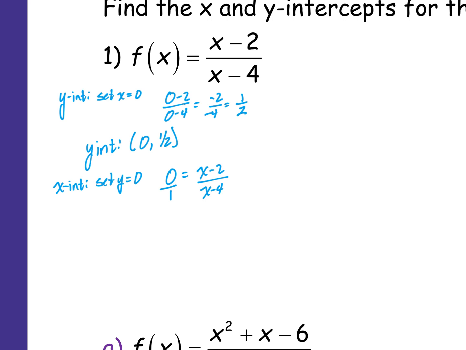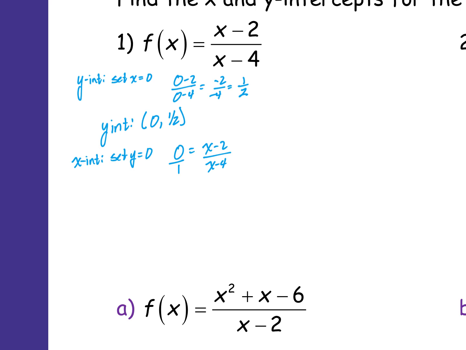So then I get x minus 2 times 1 equals 0 times x minus 4. Well, what's 0 times anything? 0. And it happens every time I do this, it's going to be 0 times my denominator. So I don't need my denominator. It just gives me my numerator, which is x minus 2 equals 0.